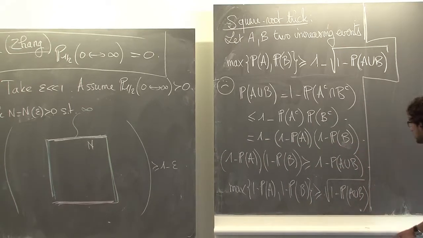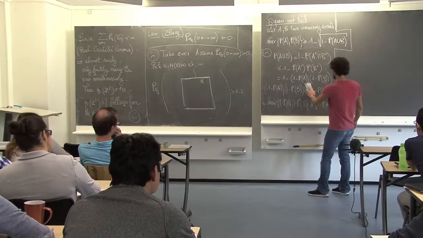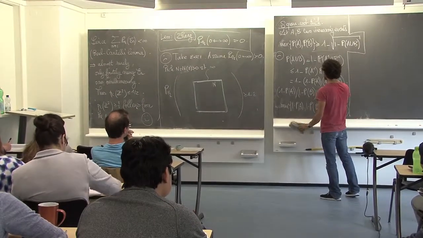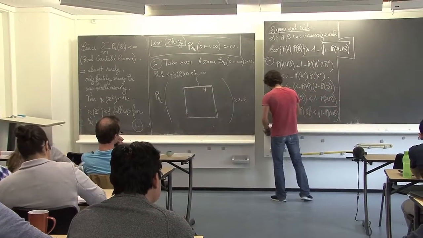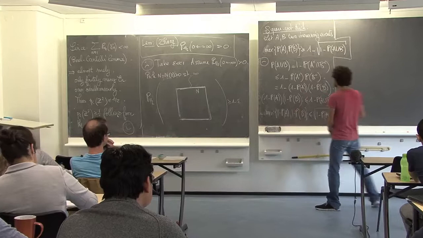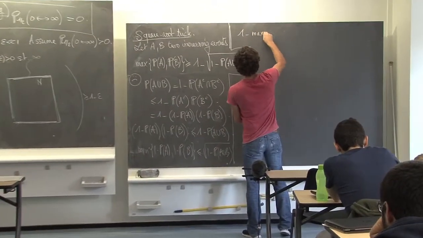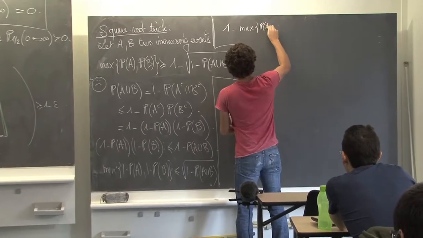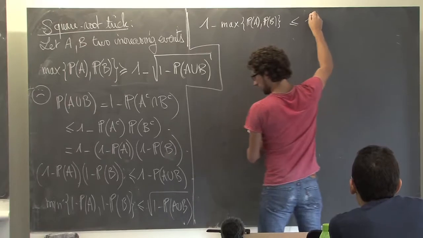So there is a problem with the mean, right? Yeah, the last inequality should be there. Thank you. Now it's much better, and I don't have to cheat and say, okay, now you finish the thing, I can do it. So it's 1 minus the max of P of A, P of B.